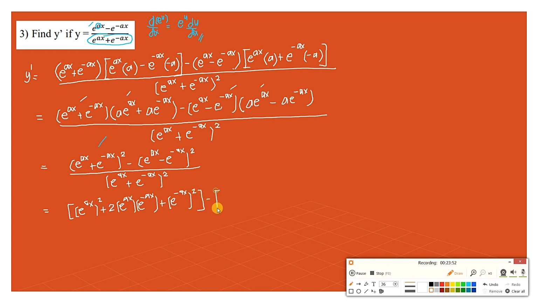Minus, so ganun din sa kabila. Square ng first term minus bring down 2 or twice ng product ng first and last term. Okay, plus square ng last term. So, yun yung pag-expand. Pag hindi kayang expand, malaking problema ang kinahaharap nyo.